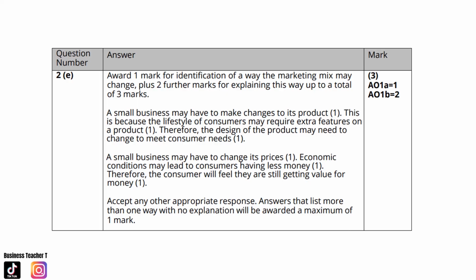Therefore, the design of the product may need to change in order to meet consumer needs. You may also have written, a small business may have to change its prices. Economic conditions may lead to consumers having less money. Therefore, the consumer will feel they are still getting value for money. Or you may have written any other appropriate response.